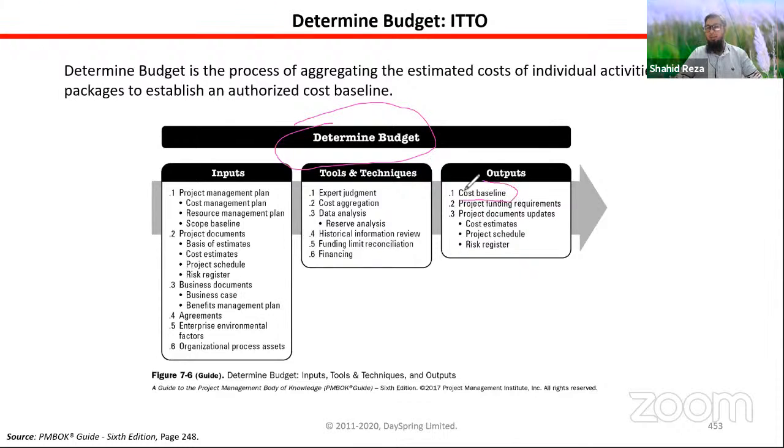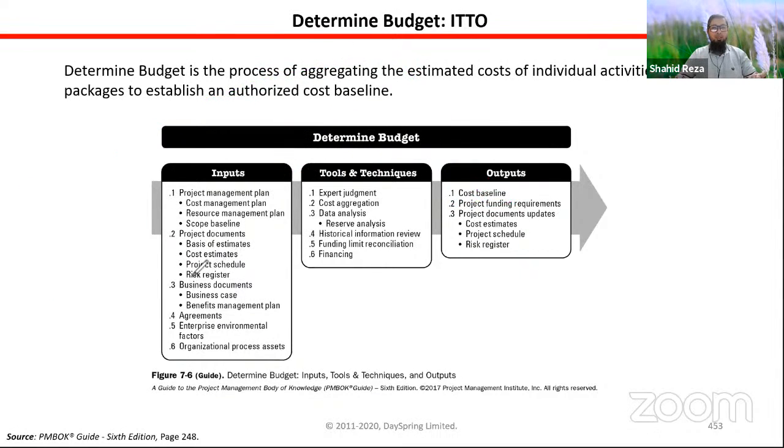This is known as cost baseline. That means aggregating all the cost of all the tasks, all the work packages, we will find out the project budget, right? That budget is known as cost baseline. And the process following which we'll find out this aggregated value of the total project budget is known as determine budget.